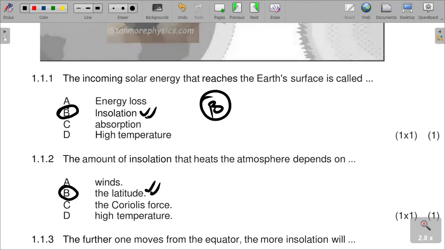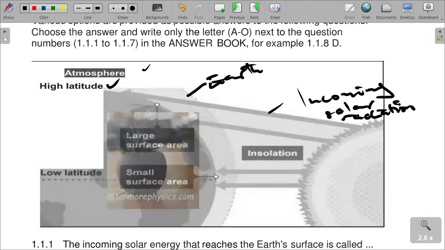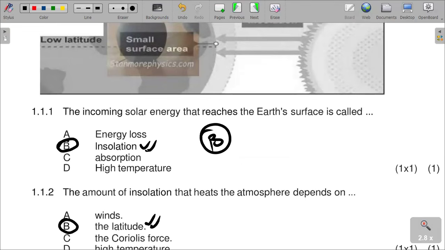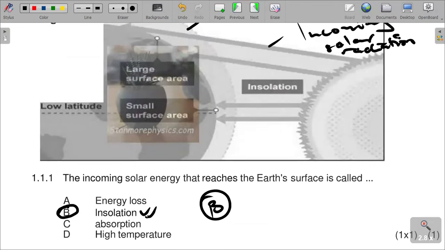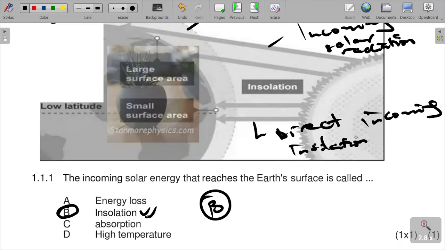Latitudes are the lines that run across the globe. If we look at low latitude, there is direct incoming solar energy, direct insolation at low latitude.